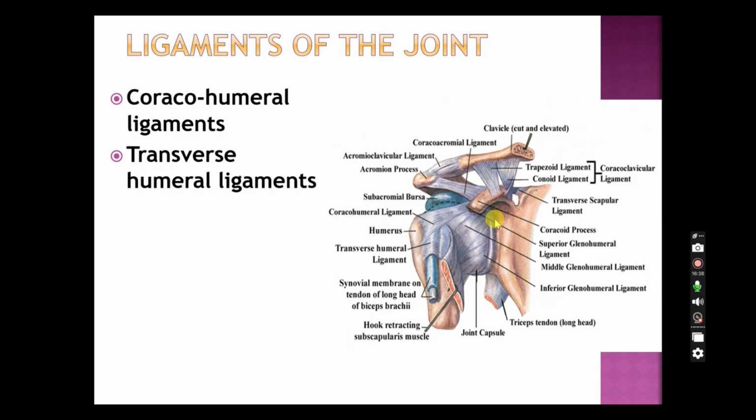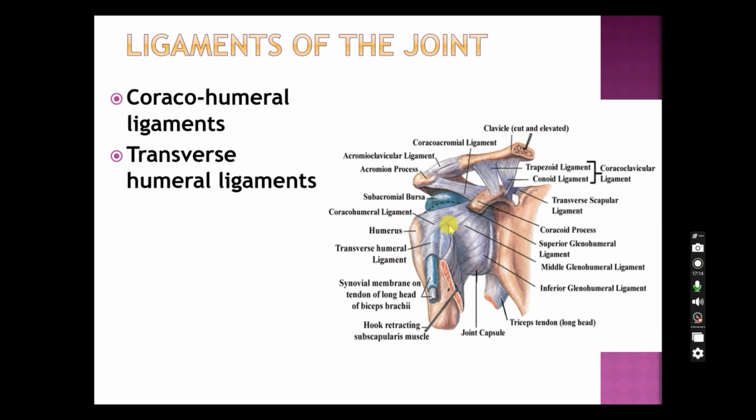There are three ligaments connecting the scapula to the humerus, called the superior, middle, and inferior glenohumeral ligaments. Here comes the superior glenohumeral ligament. This is the middle glenohumeral ligament, and the inferior glenohumeral ligament. All the glenohumeral ligaments are attached near the coracoid process and diverge as they come towards the humerus.